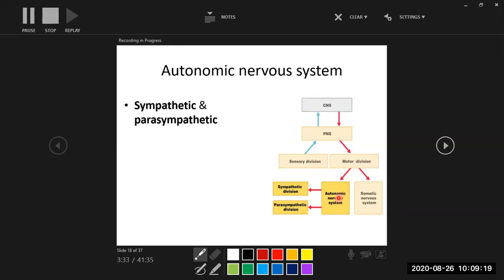And the motor has two branches. One is called the somatic nervous system, or the voluntary nervous system, or skeletal motor nervous system. This one is more like a control of the skeletal muscle.